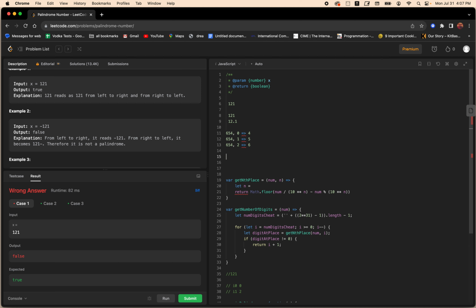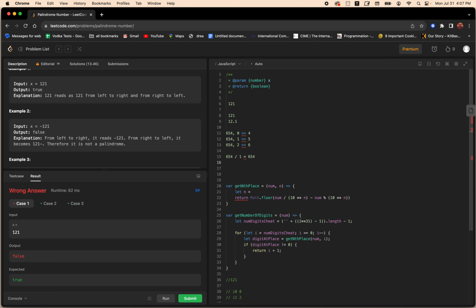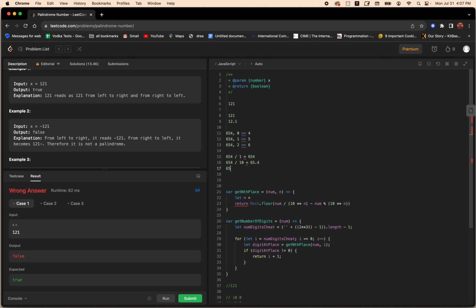Okay? 654 divided by 1 is obviously equal to 654. 654 divided by 10 is equal to 65.4. 654 divided by 100 equals 6.54. What I want to get is the 4 and the 5 and the 6. So in this case, Math.floor works fine.